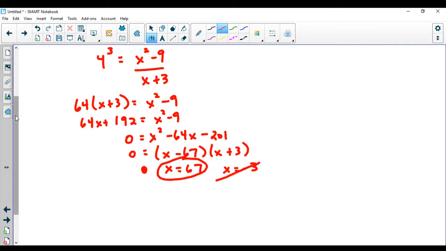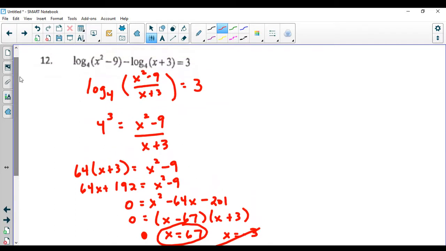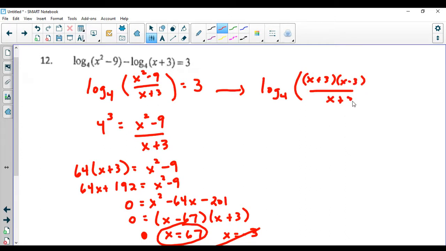Now, you may have noticed on this one that I could have made my life a little bit easier, because once I did this step here, notice I had x squared minus 9, which really could be factored because it's a difference of squares. Why is that helpful? Well, I could cancel the x plus 3's at this point.